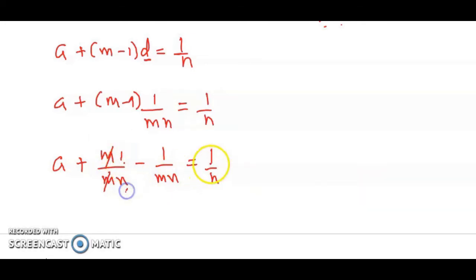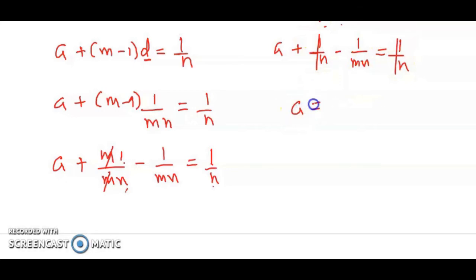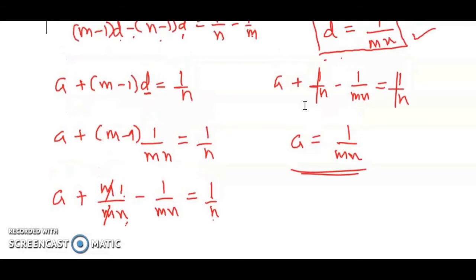So here 1 upon n and 1 upon n, they will be cancelled out. Here a plus 1 upon n minus 1 upon mn equal to 1 upon n. So 1 upon n, 1 upon n will be cancelled out. So here we get a equal to 1 upon mn. So here we get the value of a and value of d. A is 1 upon mn and d is also 1 upon mn. We got here.